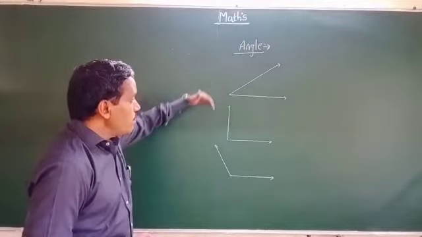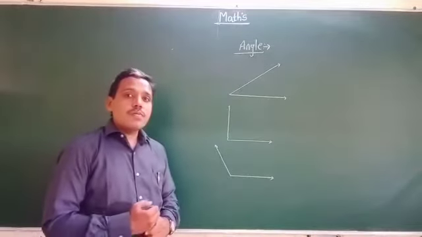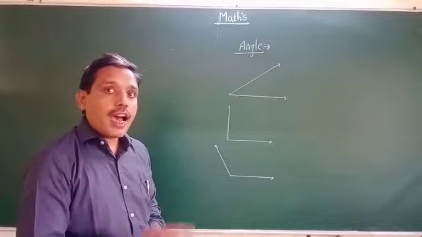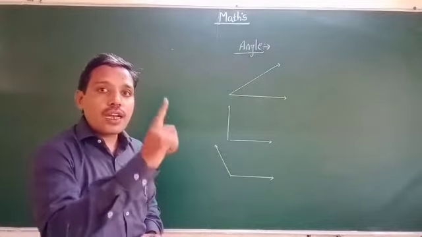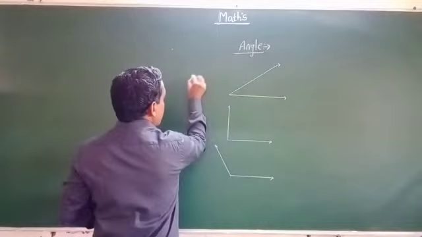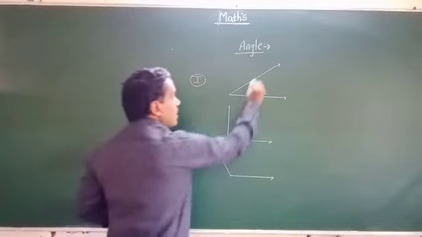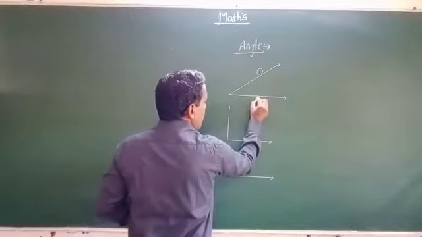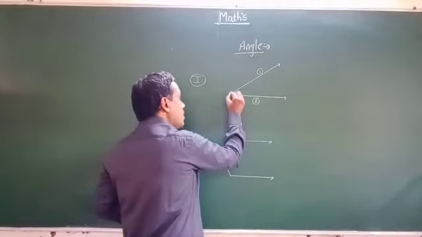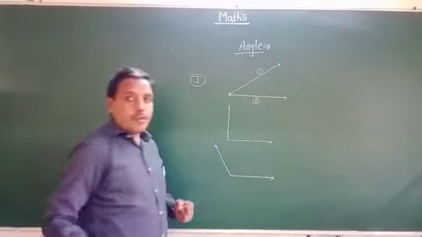When we observe all these 3 diagrams, we can see that 2 rays meet each other at one common point. In the first diagram, this is the first ray and this is the second ray. Both meet each other and this is the common point.